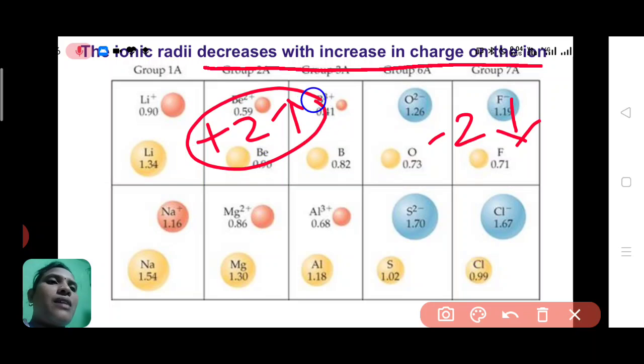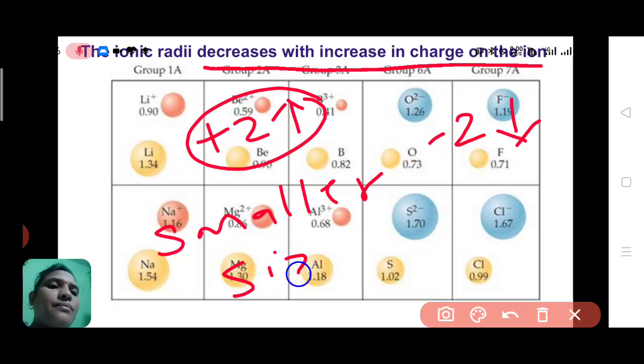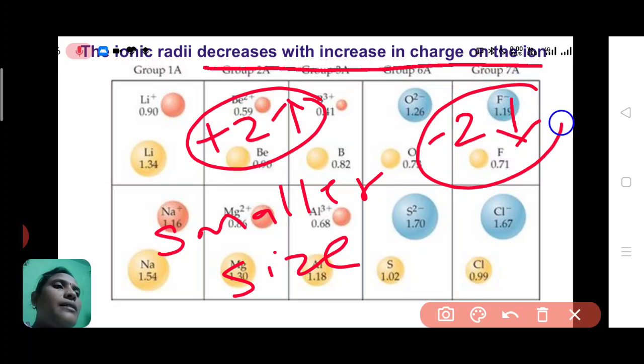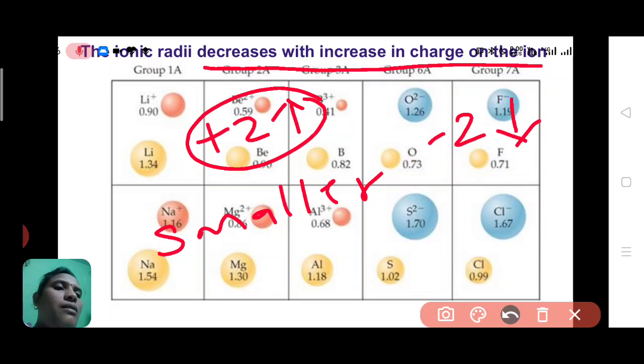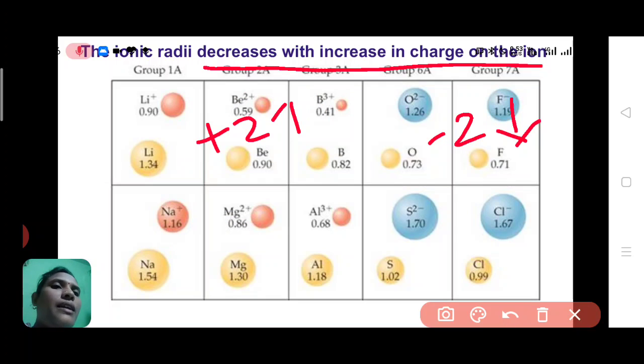So increase in charge results in smaller size and decrease in charge results in increase in size. This is the concept of decrease or increase in ionic radii due to increase or decrease in charges.